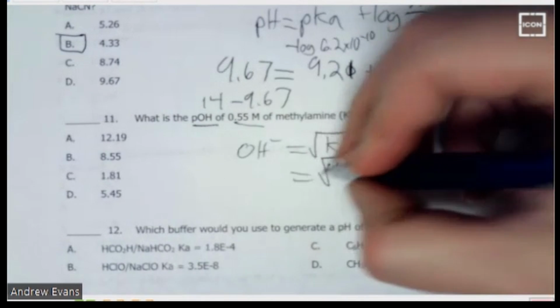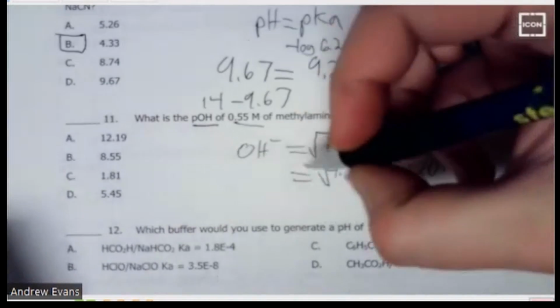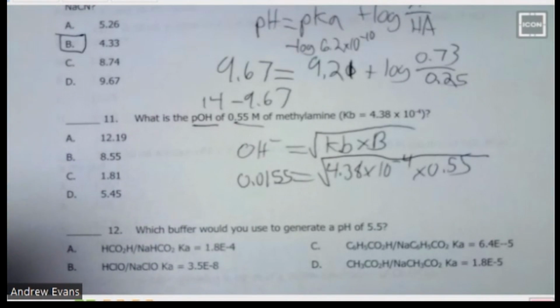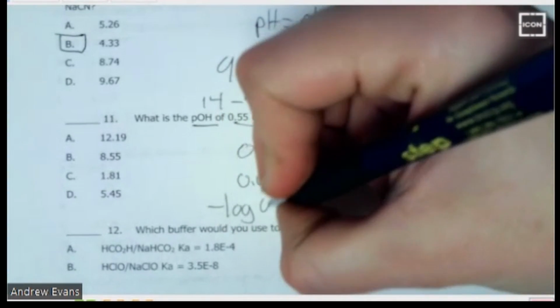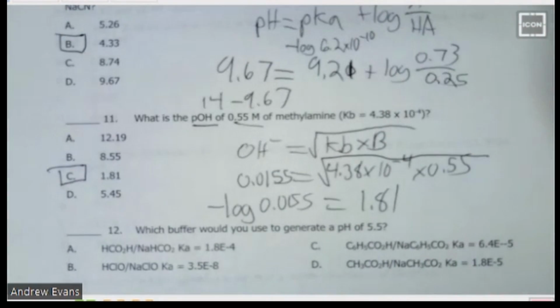Square root that to give you OH minus. 4.38 times 10 to the negative 4 times 0.55 gives me the concentration to be 0.0155, and the negative log of that gets me pOH. The log of 0.0155 gives me 1.81. That's all you need to do for that one.